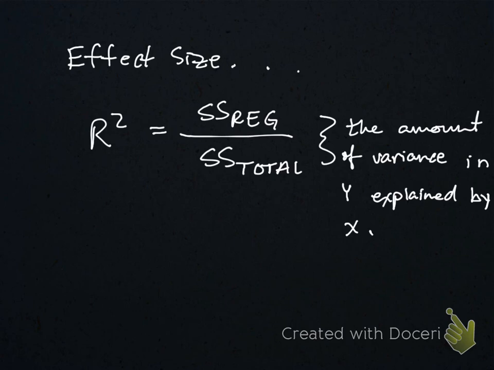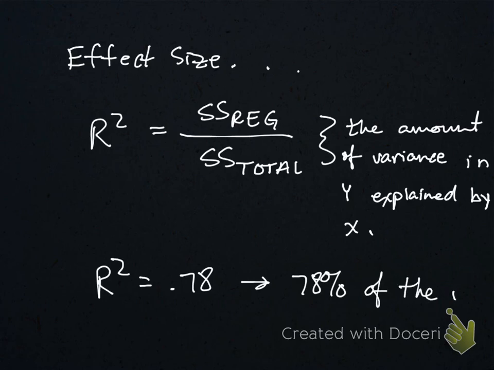So if we have an R squared calculation of 0.78, that in turn means that 78% of the variance in y is predicted or explained by x, which would be a really high R squared value.